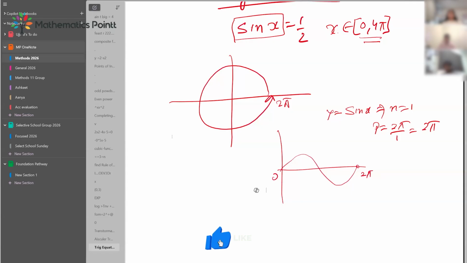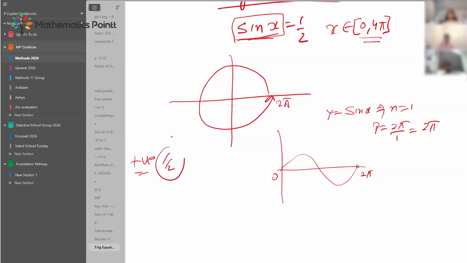Now, listen to what I'm trying to make you learn. I need the sine value to be a positive half, right or wrong? My ASTC tells me, where is sine positive?